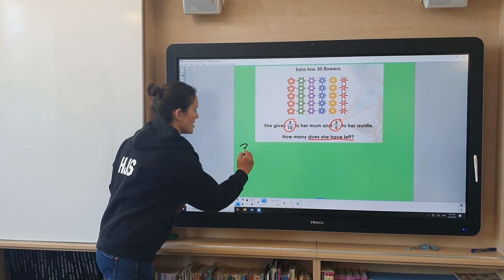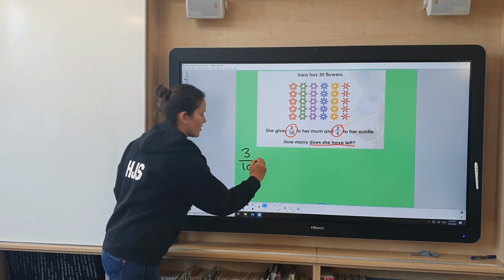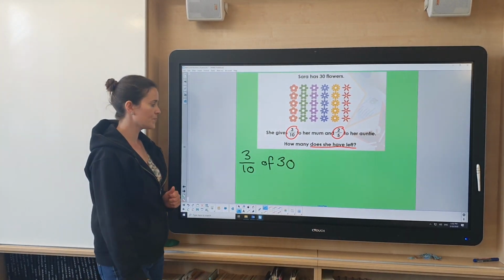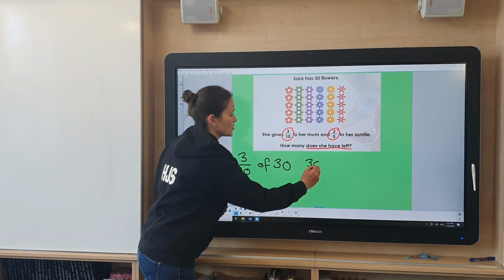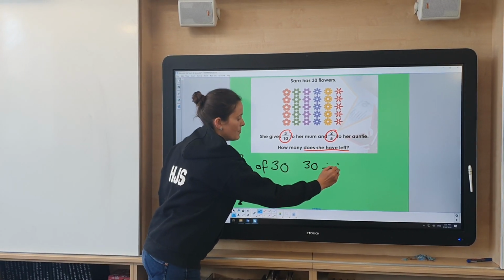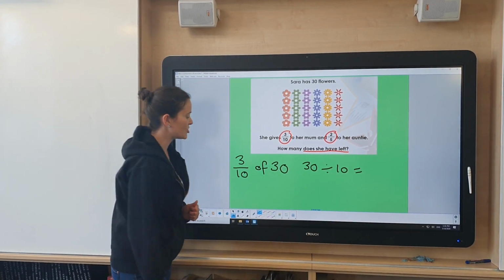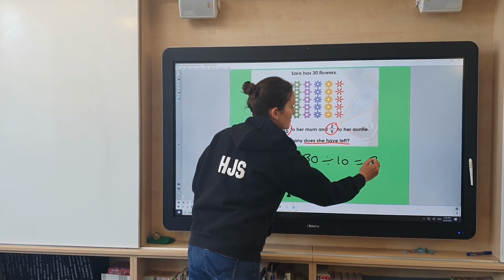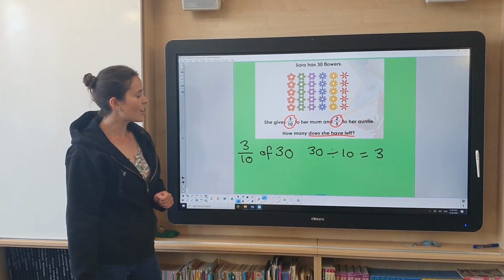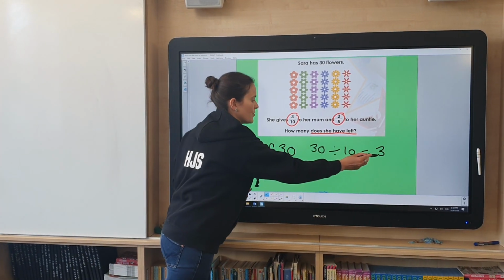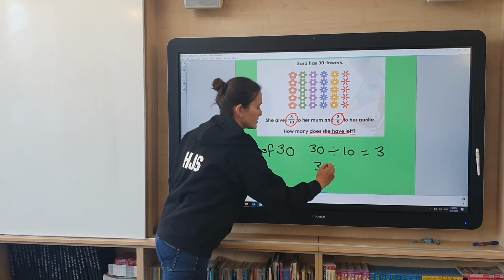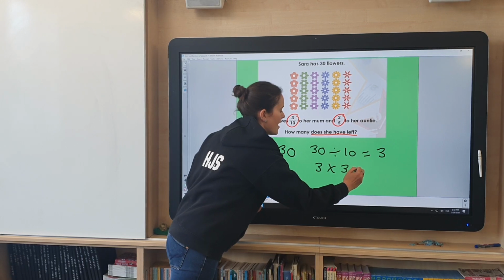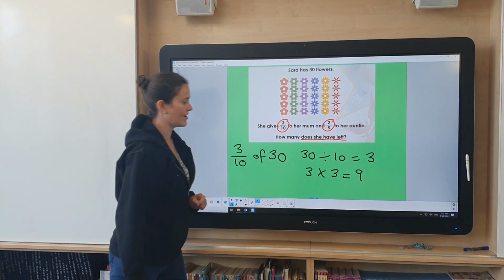So, if I want to find 3/10 of 30, what I need to do is divide my amount, which is 30, by the denominator, which is 10, and 30 divided by 10 gives us 3. And then I'm going to multiply my answer of 3 by my numerator, which is 3, and that there gives us 9.